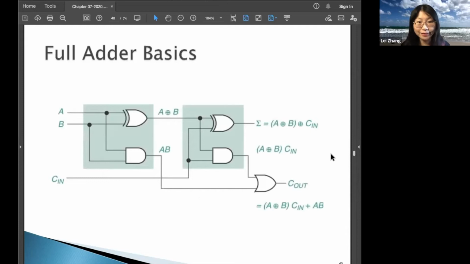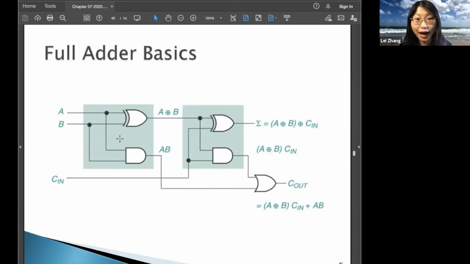So this is the detailed circuit for the full adder. The gray area, green area, is a symbol for the half adder. So we see we have two half adders. Within this green area is an XOR gate and an AND gate.